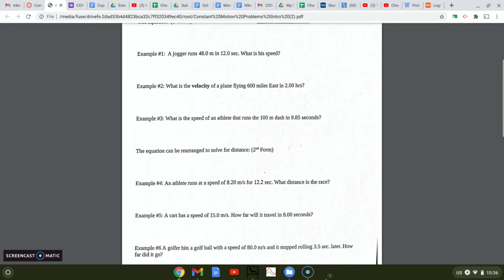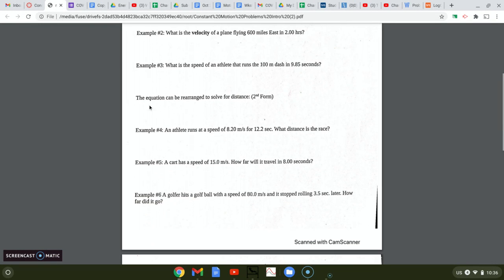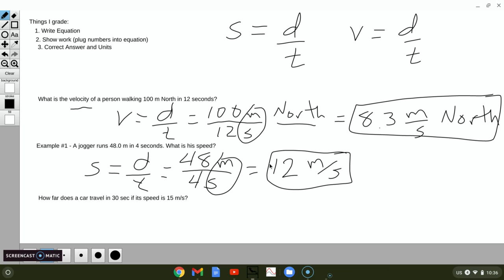All right, so you notice here it says the equation can be rearranged to solve for distance. So sometimes we want to know distance, not just speed. Okay, so how do we get that? Well, this equation here, and I'm going to go ahead and erase this one. All right.